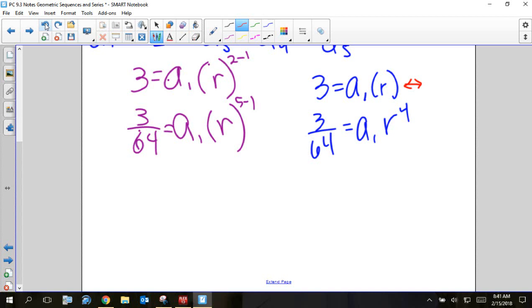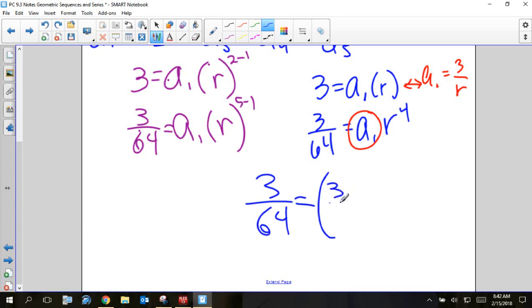Right, I understand. So yeah. Alright, so I'm gonna solve this for, what did I say? A. A sub 1 equals 3 divided by R. Is that what I said? So once I know what A equals, I'm gonna replace A in that equation. So I'm gonna have 3/64 equals 3 over R multiplied by R to the 4th.